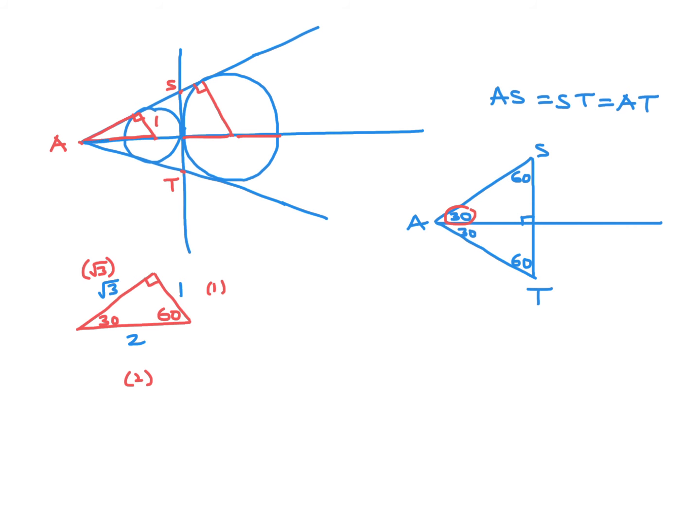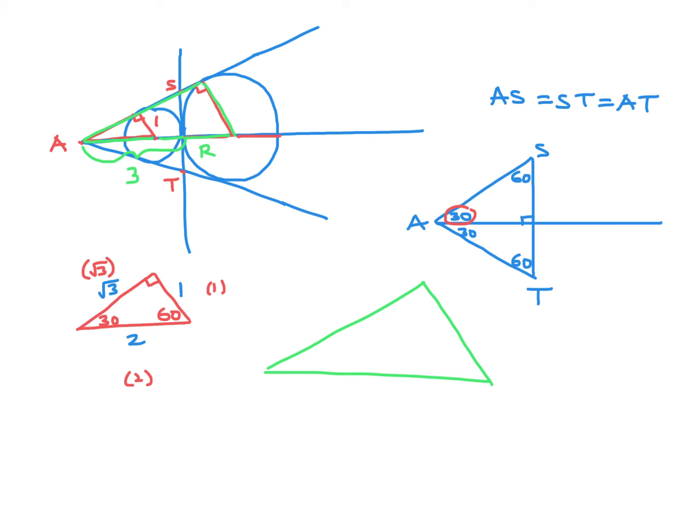So the distance from there to there is 2, and the distance from there to there is 1. So that whole distance is 3. From there to there is 3, and then this distance is R. So then we can use this big triangle, and I'll draw that over here.